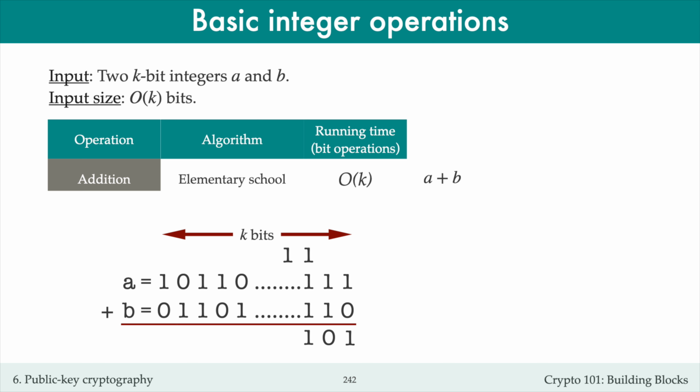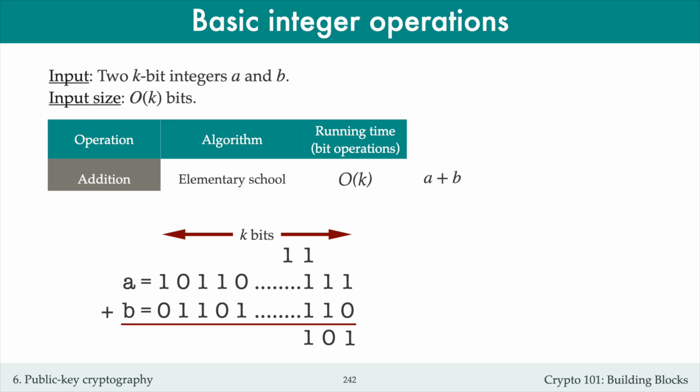If I define the bit operation to be either adding 2 bits with the carry bit, or reading a bit, or writing a bit, then the running time of this algorithm is big O of k bit operations. This is an upper bound, but it's also a lower bound because any algorithm for integer addition must use at least k bit operations, namely, the algorithm must read the bits of the input.